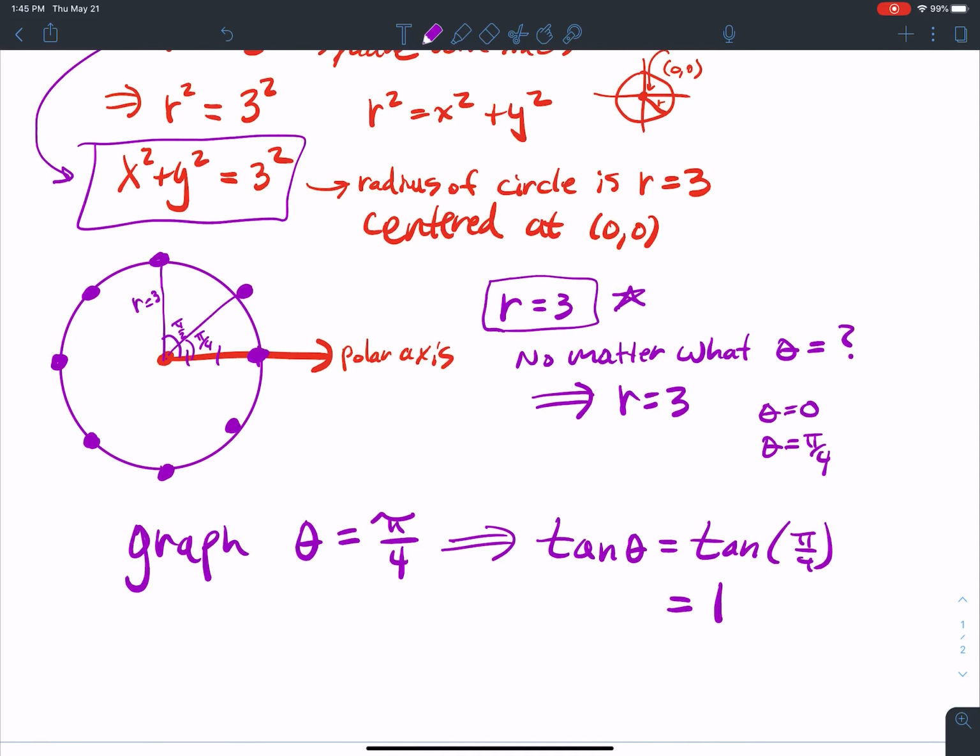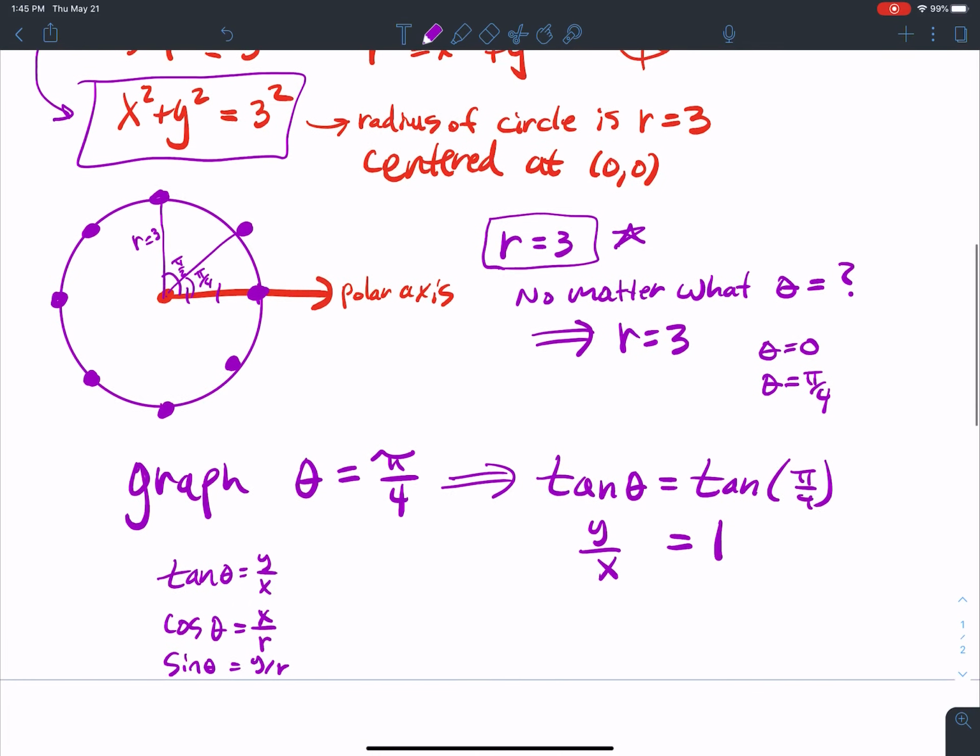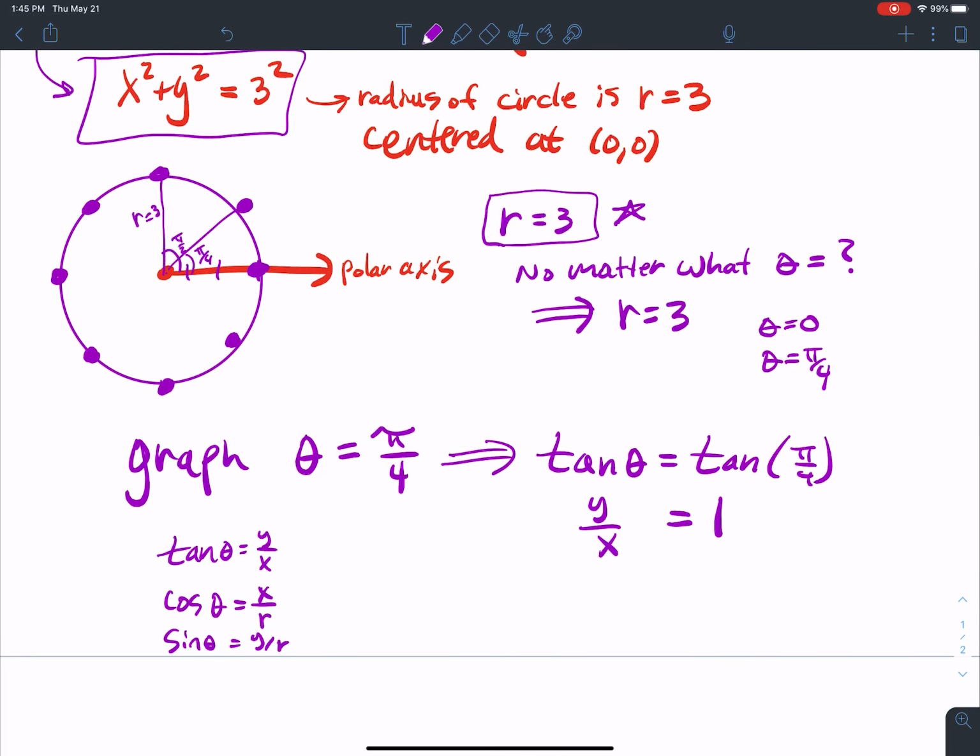And tangent theta is y over x. Cosine theta is x over r, and sine theta is y over r, just for your memory. If I solve for y here, I multiply both sides by x, so I get y equals x.